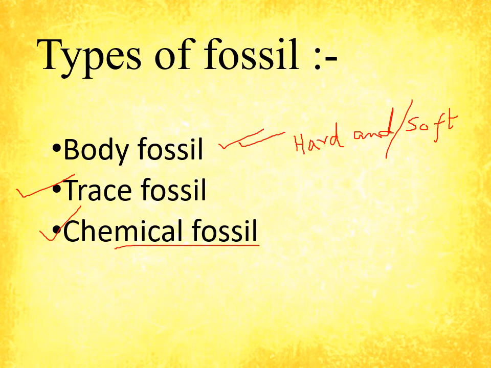Say for example, you are walking along a road and somehow your finger is cut, so some blood goes out from your hand, and those blood drops fall on the ground surface. So that blood is basically a chemical component, and it is mixed with the sediments of that particular point.